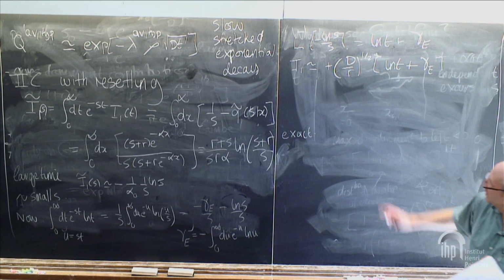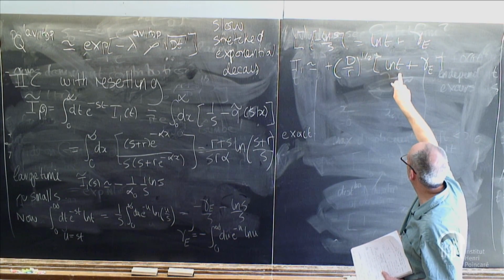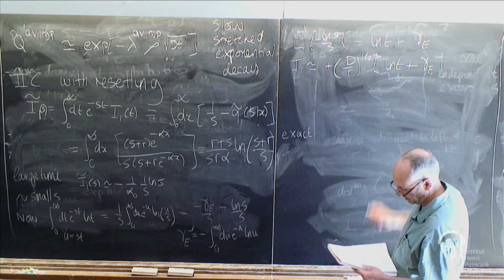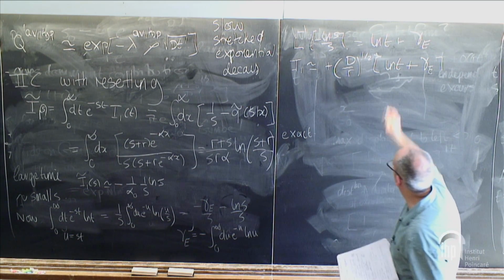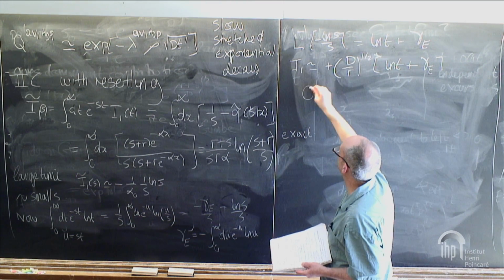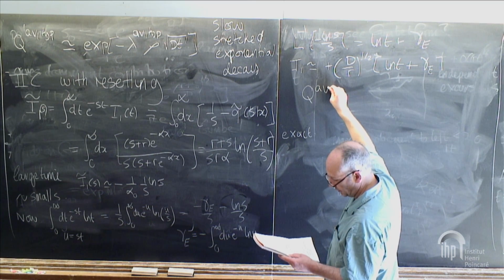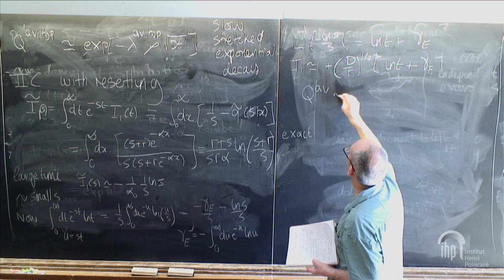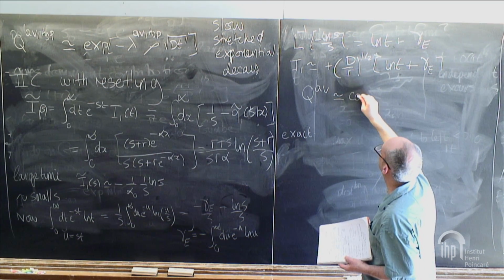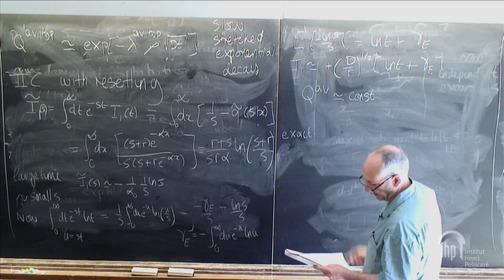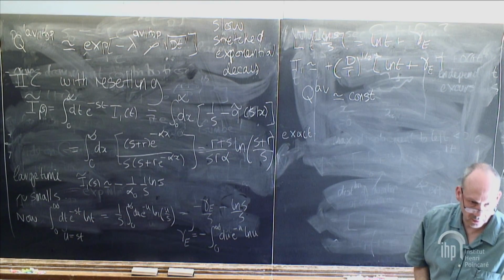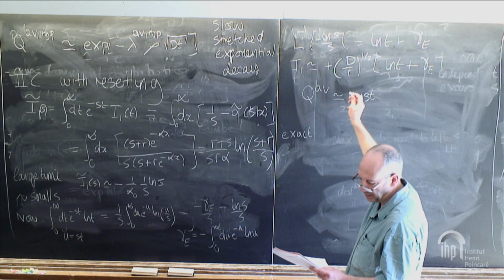So this I1, in fact, goes as log time plus constant. And so if I put this, this is the important bit, into the Q average, then the leading behavior will be some constant that I haven't computed, but it doesn't matter.